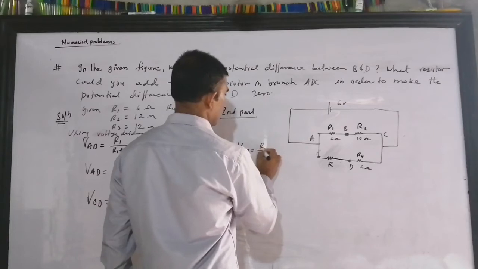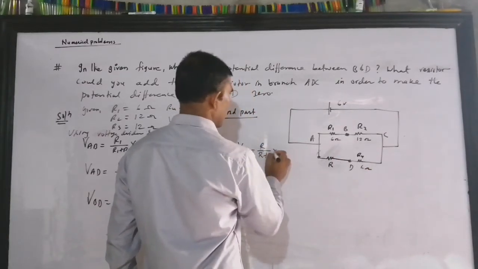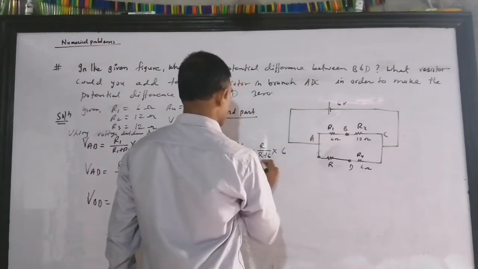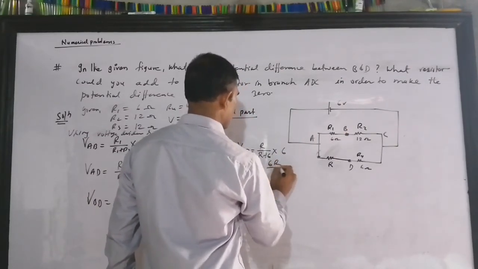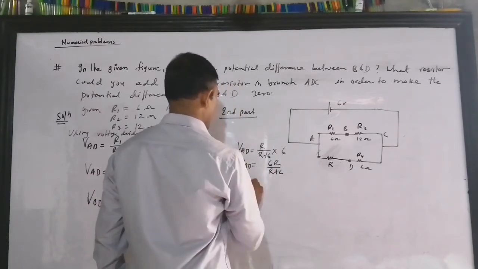Yes, this is R upon total resistance, R plus 6, times the total voltage 6. So we get 6R upon R plus 6. So VAD is this.